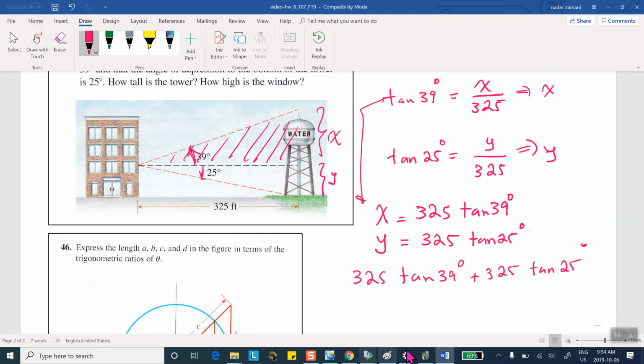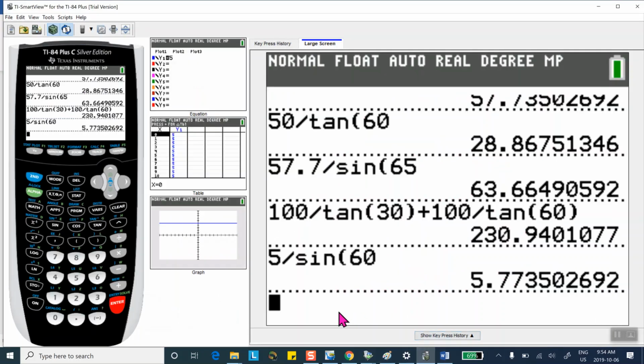So my calculator unit is still in degrees, so let's do that. 325 times tangent of 39 plus 325 times tangent of 25.